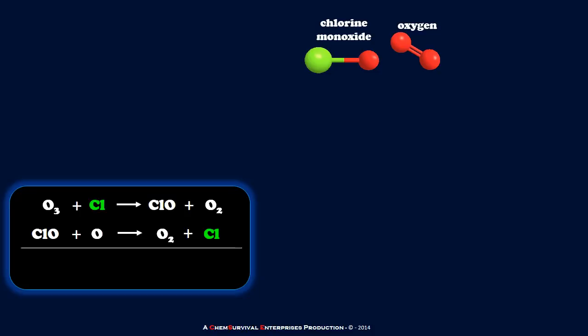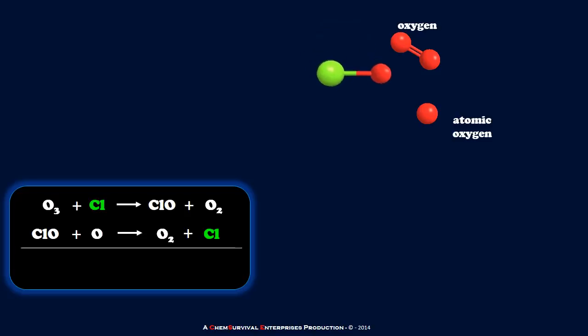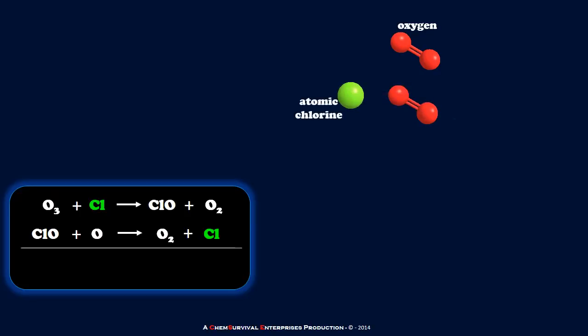Now, that would be bad enough if one chlorine atom could decompose one molecule of ozone. But what happens next is what's really disappointing. That atomic oxygen that's up there as well can then react with the chlorine monoxide, forming another molecule of O2, but more importantly, regenerating the chlorine atom, which can then go along its way and react yet again.